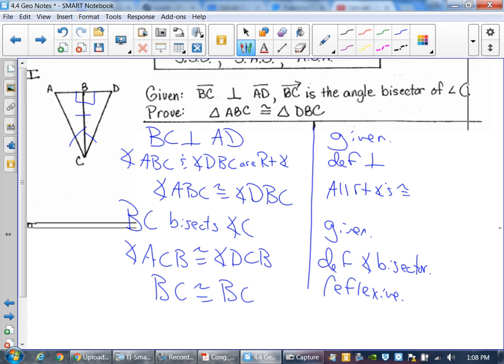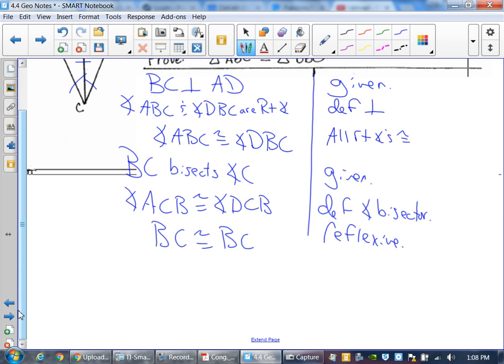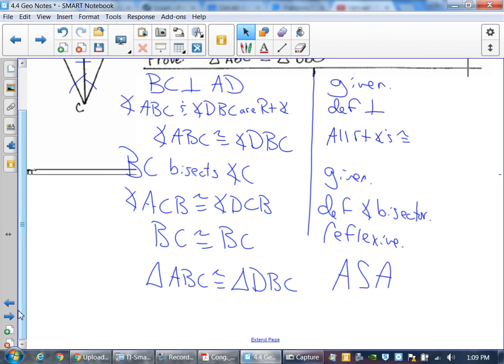Angle, side, angle. In that example, you had to come up with one step, reflexive. Everything else is on your progression sheet. Everything else is there for you, okay?